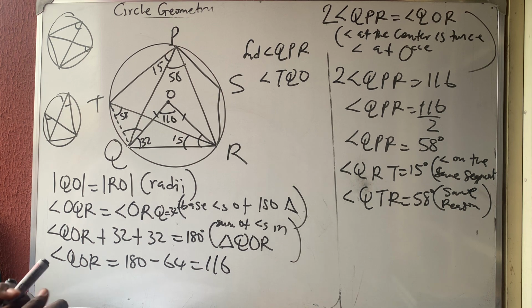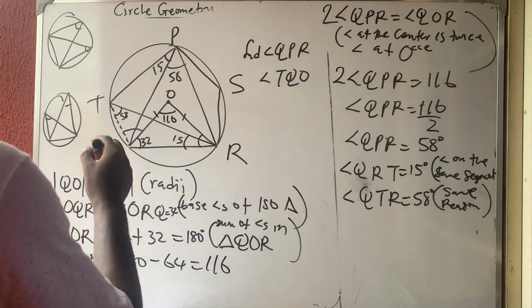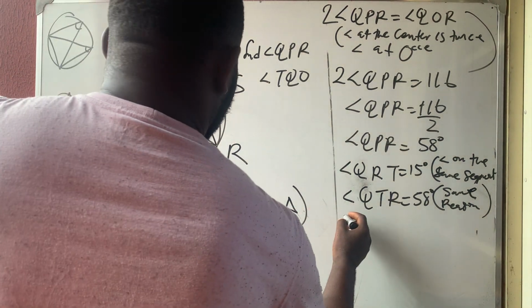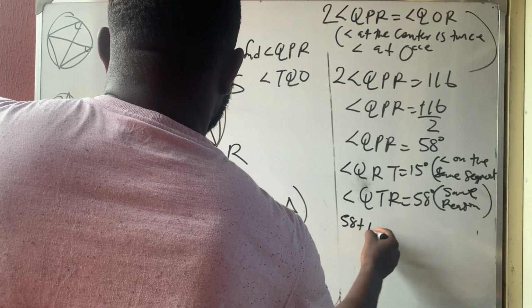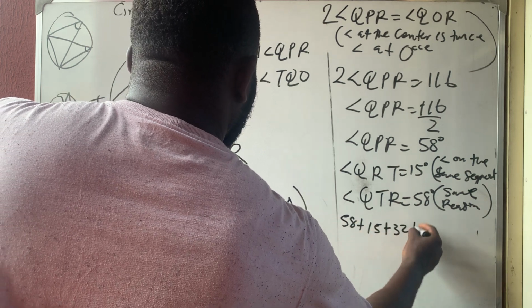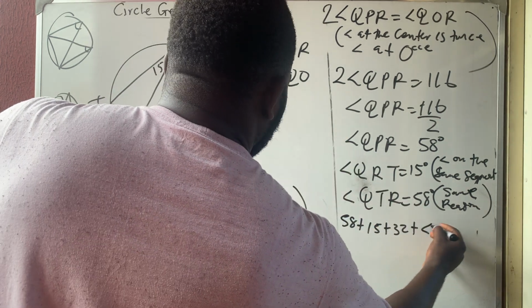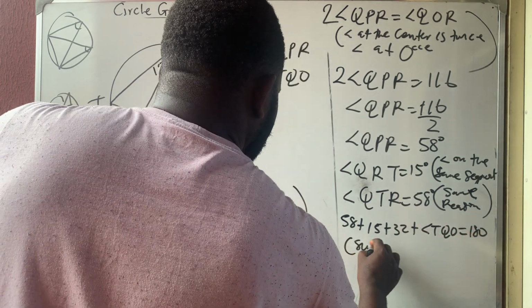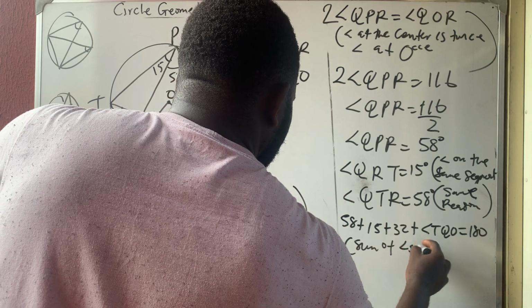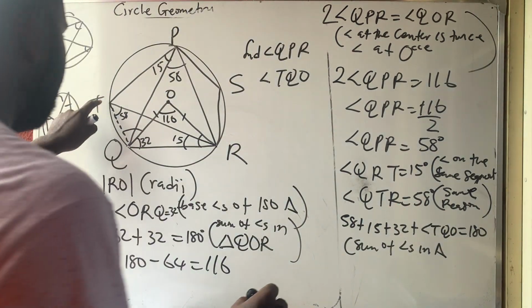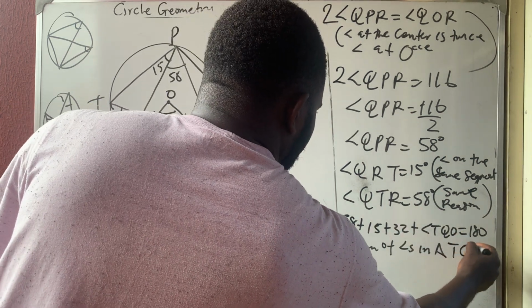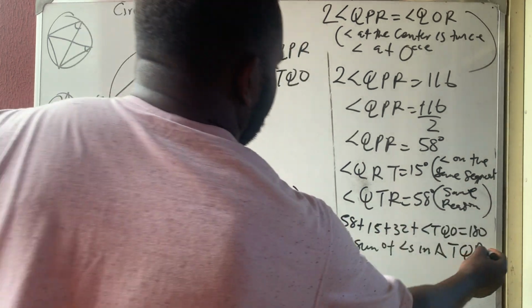Okay, if they are now on the same segment, how we get this place now is very simple. So we'll now tell them that 58 plus 15 plus 32 plus the one I'm looking for, angle TQO, is equal to 180 degrees. What is my reason? Sum of angles in triangle TQR.